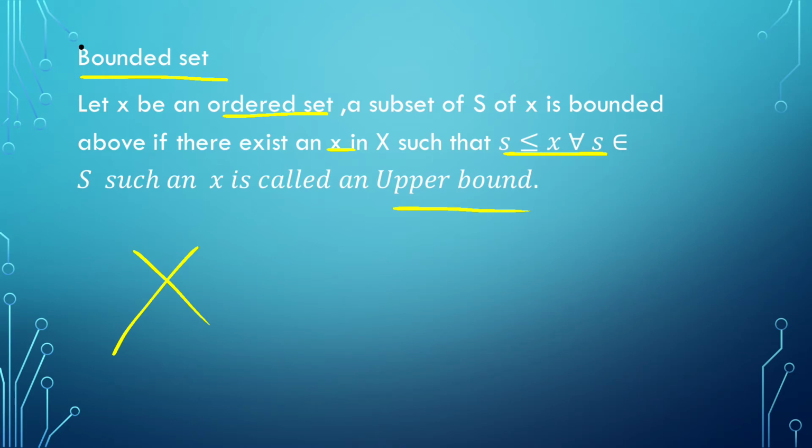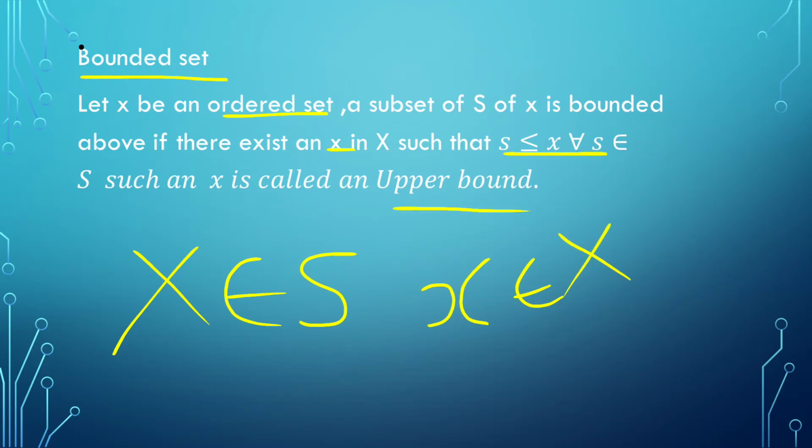Then if we have a given subset S of X, and it happens that S is bounded above, that means it has an upper bound, then there exists a given x in X such that if we take any s, it will be less than or equal to x.